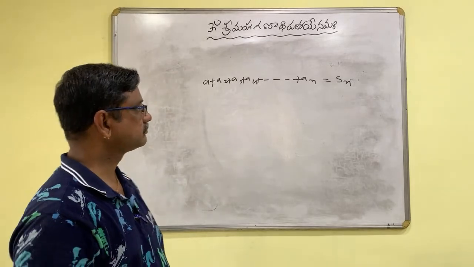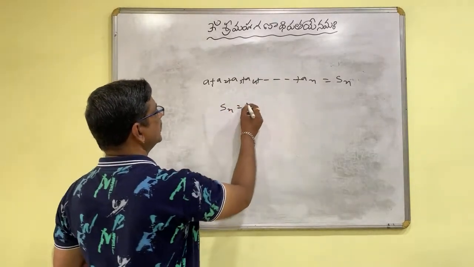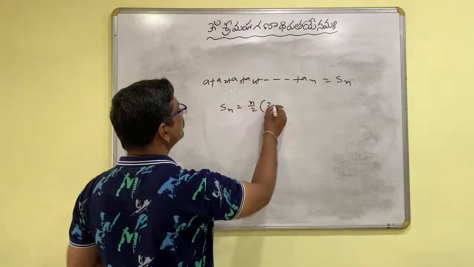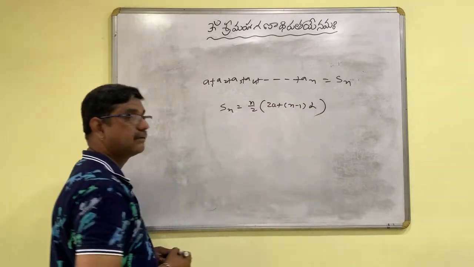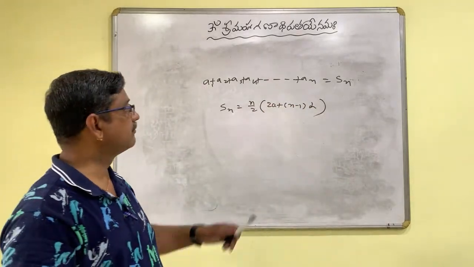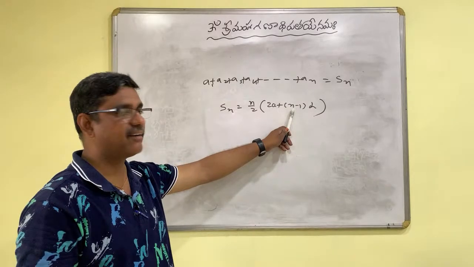Okay, na? And to find that, there is a formula, that is n by 2 into (2a plus (n minus 1) into d), when we know first term, common difference and number of terms in the AP. Okay.